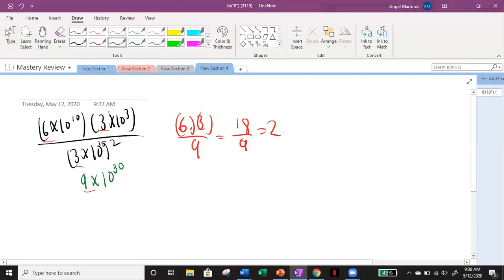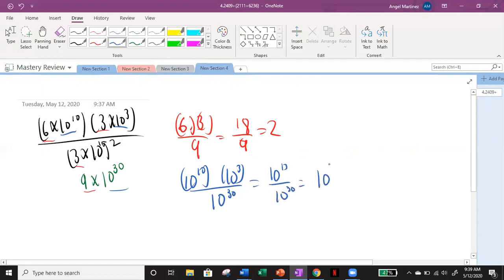Now when we do the exponents, we have 10 to the 10, 10 to the 3, and this time 10 to the 30, because 15 times 2. So it'll be the same thing, 10 to the 13 over 10 to the 30, except this time it's going to be 13 minus 30, which is 10 to the negative 17. 13 minus 30 is negative 17.